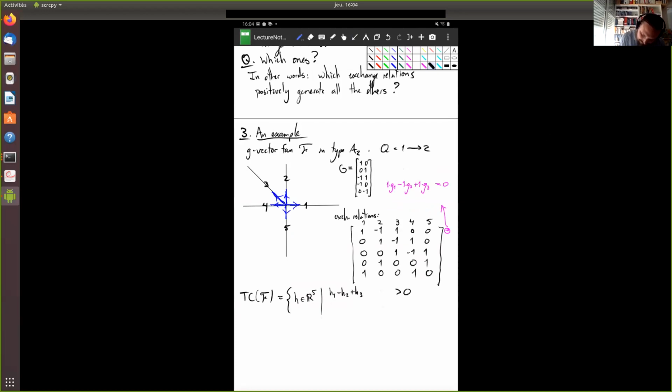And also H2 minus H3 plus H4 is greater than or equal to 0, and so on. It doesn't take so long to write them all, so let me just do it. This way it's as clear as possible. Oops, H4. Okay, so this is the type cone according to the above discussion.